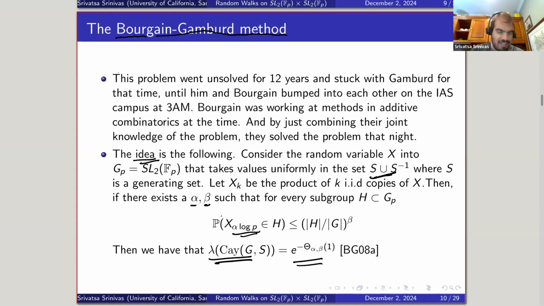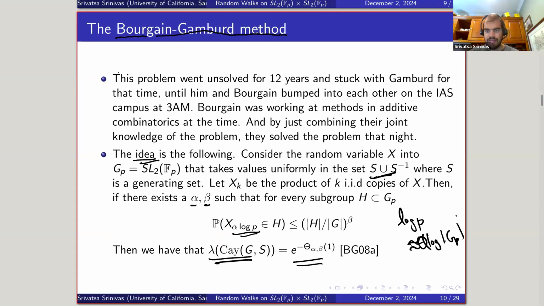So why does this make sense? If you had that the Cayley graph was an expander, you would definitely get this escaping condition over here. That is, if I run the random walk for log p steps, and note that log p is on the order of the log of the size of the group, it's on the same order.